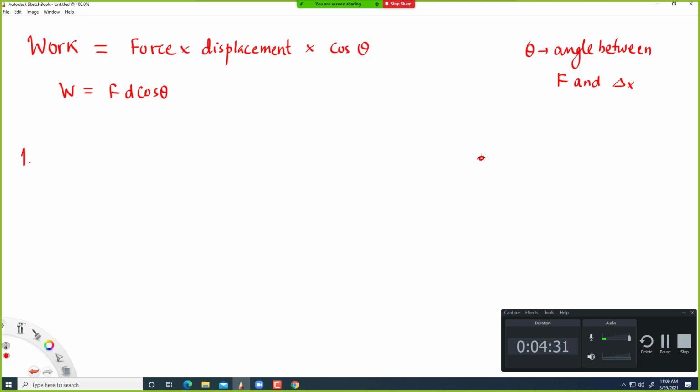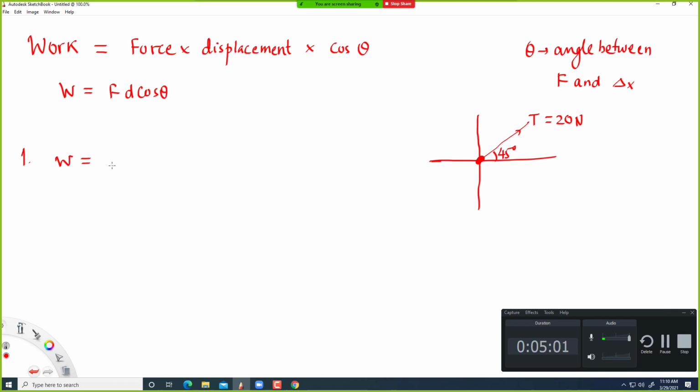If you draw a free body diagram, it would look like this. This is the force, let's call that the tension force, and this is 45 degrees to the surface. You're applying a force of 20 newtons. You need to find how much work is done on the suitcase.